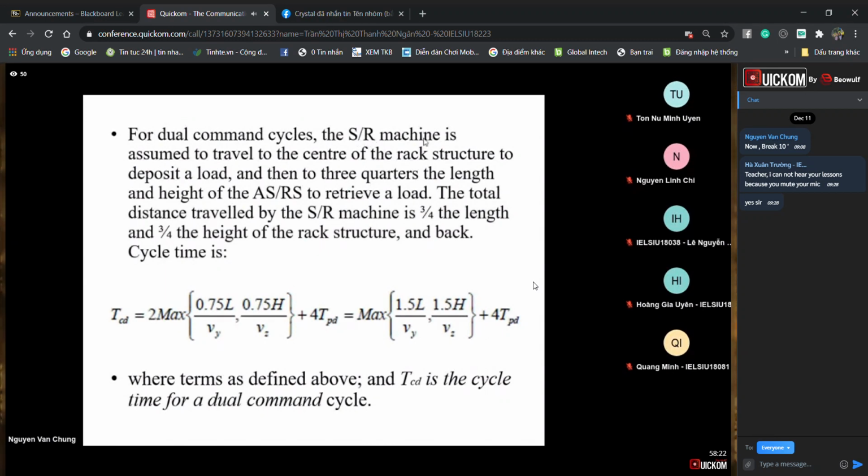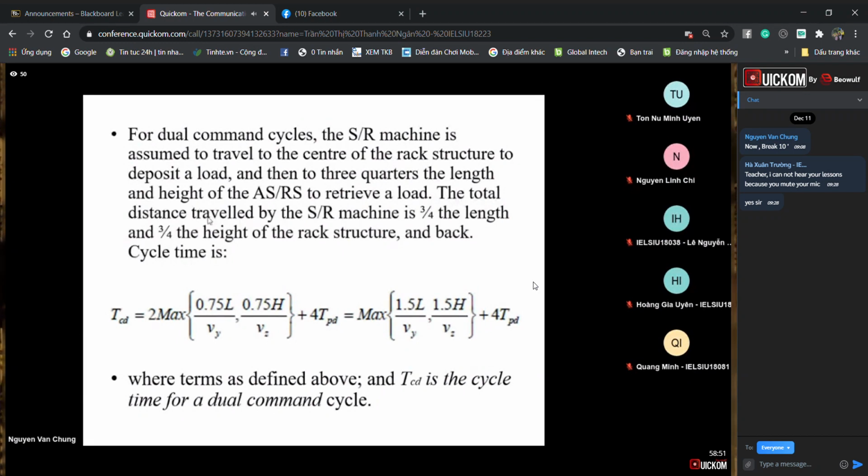The SR machine is assigned to travel to the center to rack, the center to rack, the thruster to deposit loads. So like that, this is the four store, and then the three quarters of the length. So like that, we choose once per four length, and the height is a retrieve load.